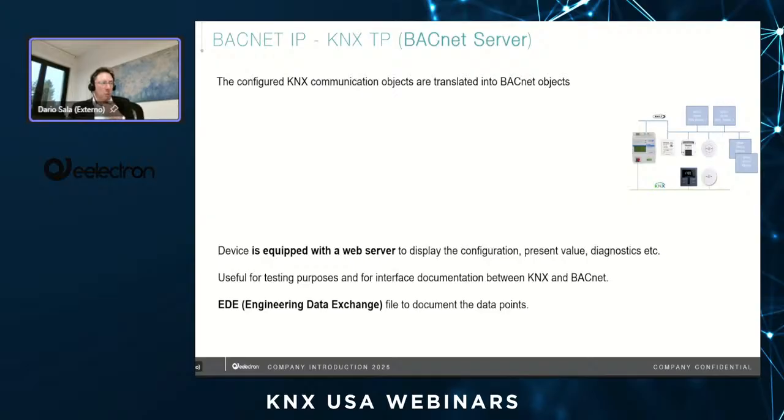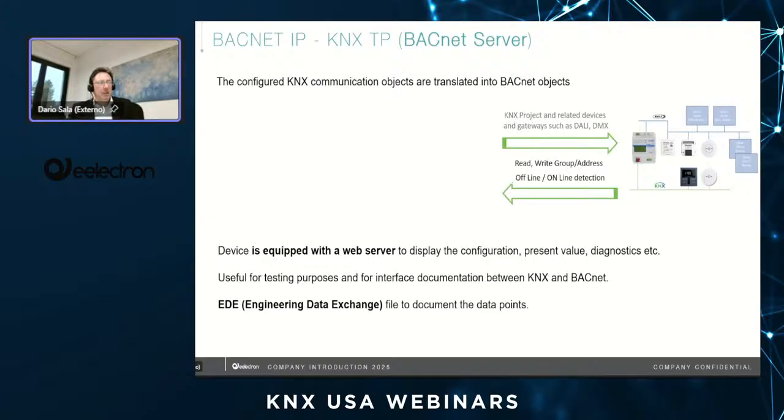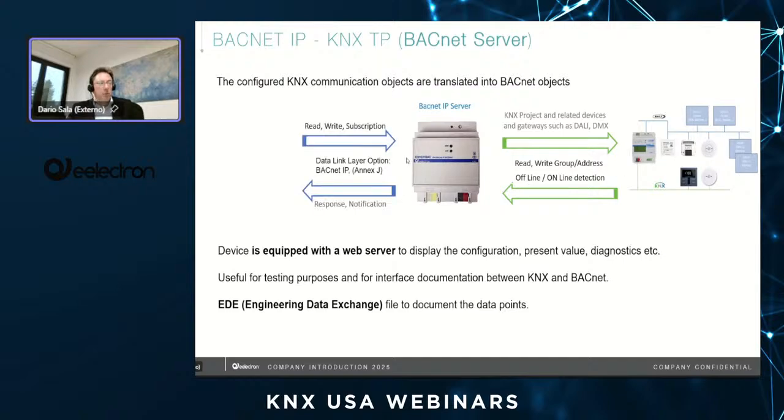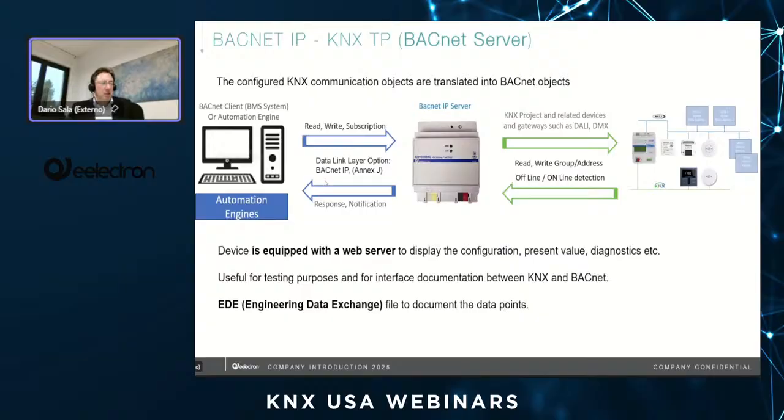In addition to Modbus, we provide a BACnet IP to KNX TP gateway. So this enables you, especially as a KNX programmer, to bring data to a KNX project that is working with a certain functionality, but to be able to exchange data in terms of BACnet objects as read and write, and of course notification to a BMS system or an automation engine that works in BACnet.